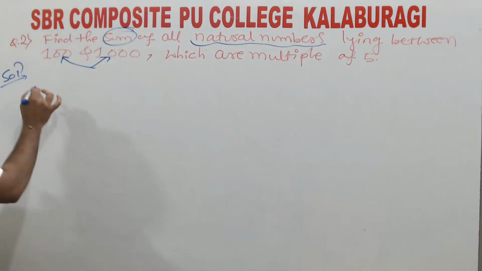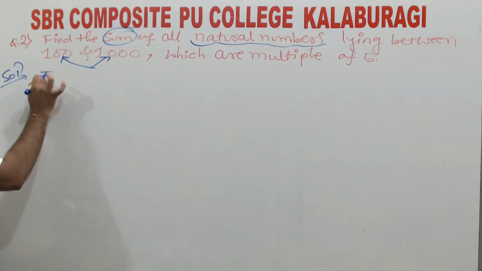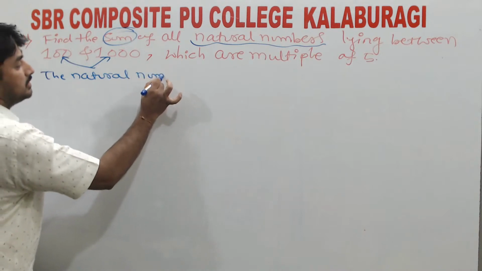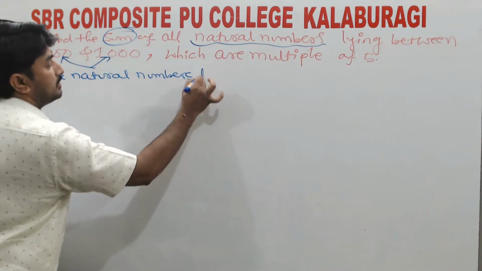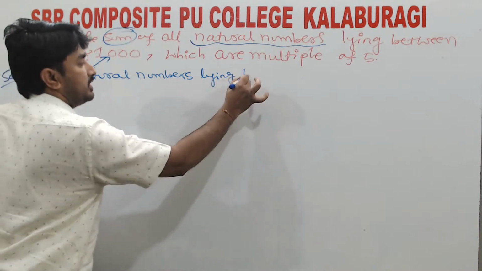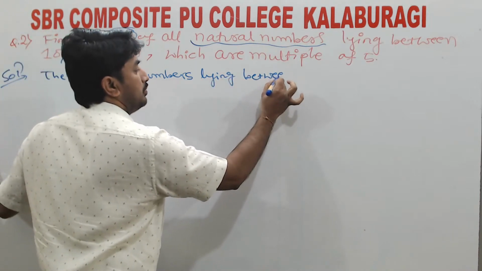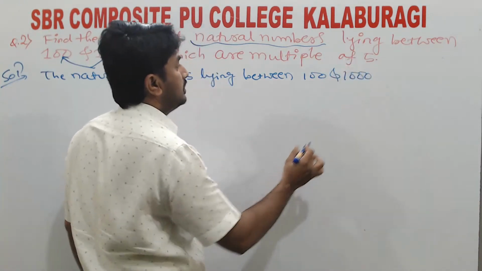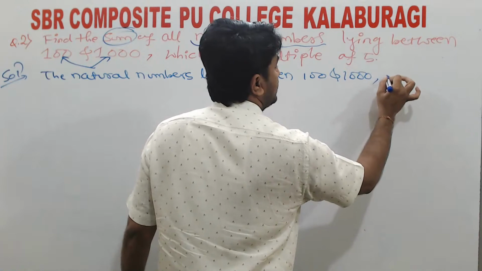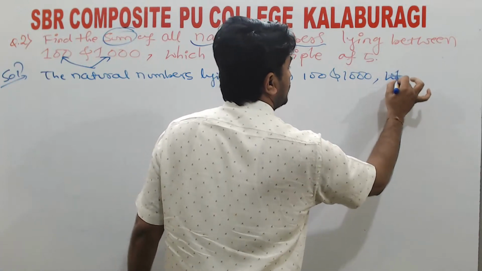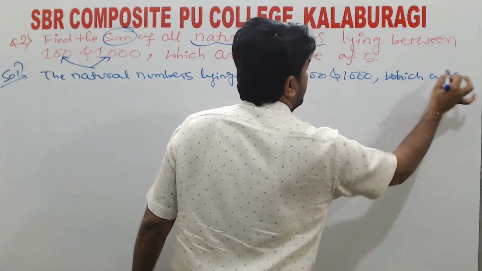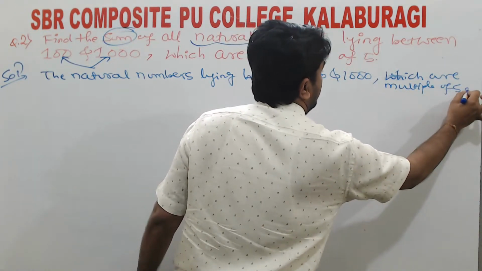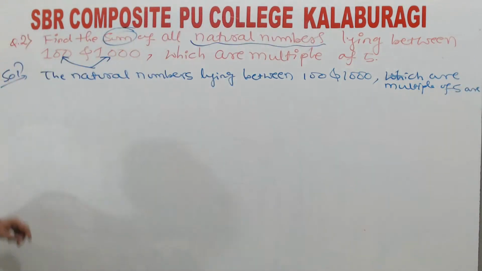The natural numbers lying between 100 and 1000 which are multiples of 5, I will write here.